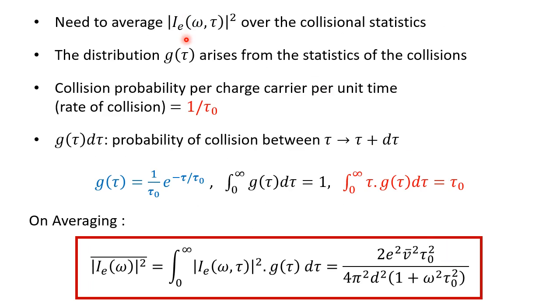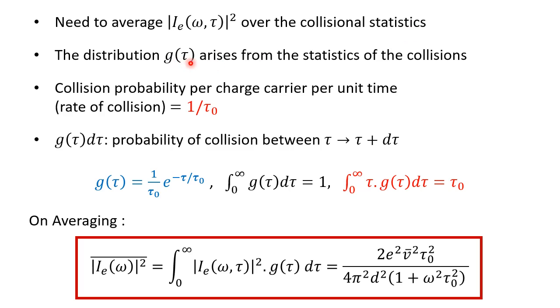So now that I have got my current mod square, this is what will go into my spectral density function. But you see, I have got this parameter tau still hanging around. I need to average over tau over the collisional statistics with the scattering events, which is destroying or leading to recombination of the charge or the loss of charge.